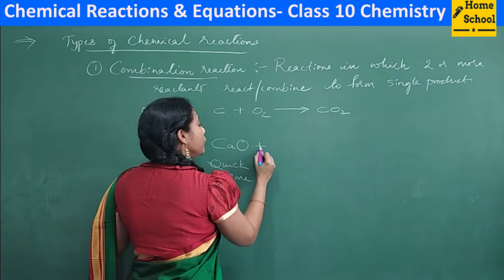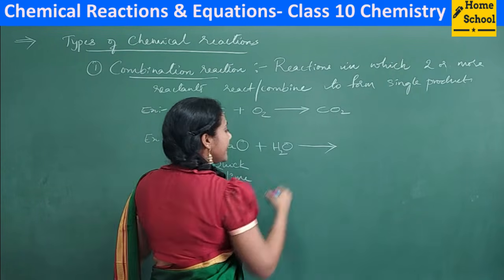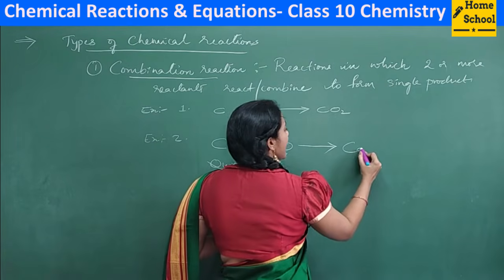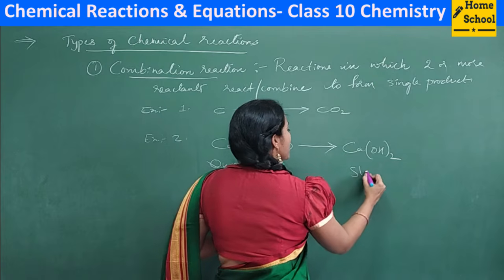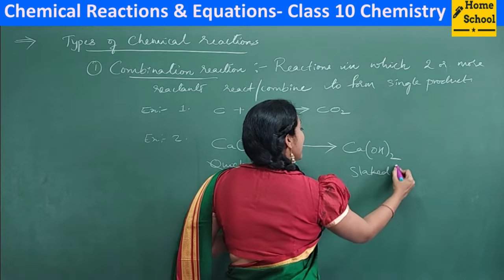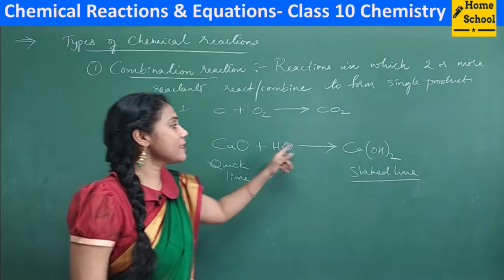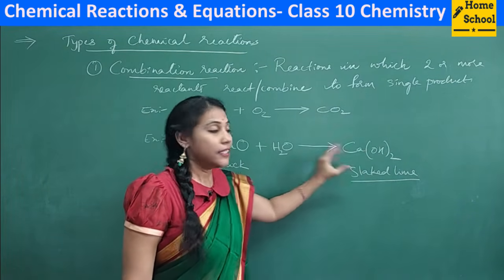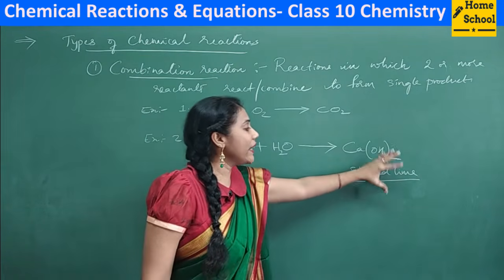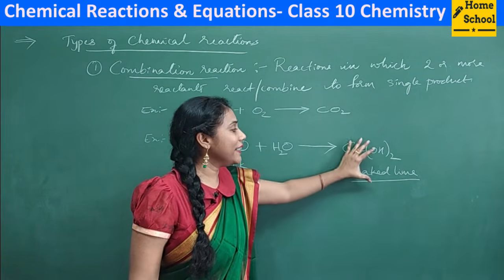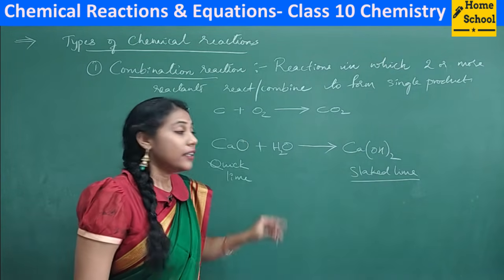So whenever you add water to calcium oxide, you will get a liquid which we call calcium hydroxide. Calcium hydroxide, which is also called slaked lime. Remember the name slaked lime. This is the whitewashing liquid actually. The moment you add water to calcium oxide, you will get this white colored liquid, and its chemical formula is Ca(OH)2.